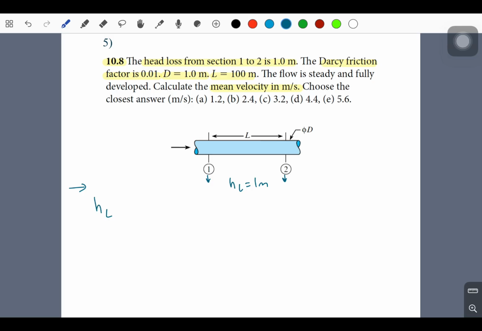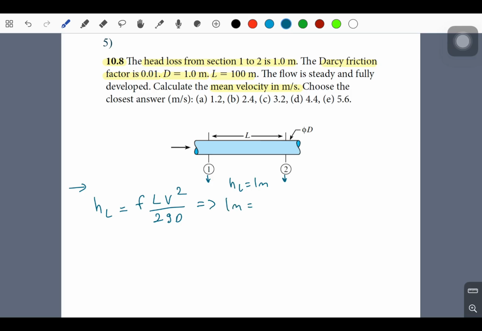If you remember from lectures, the head loss is calculated by f L V squared over 2gD. So this means friction factor, length, square of velocity, 2 times gravitational acceleration, and the diameter.